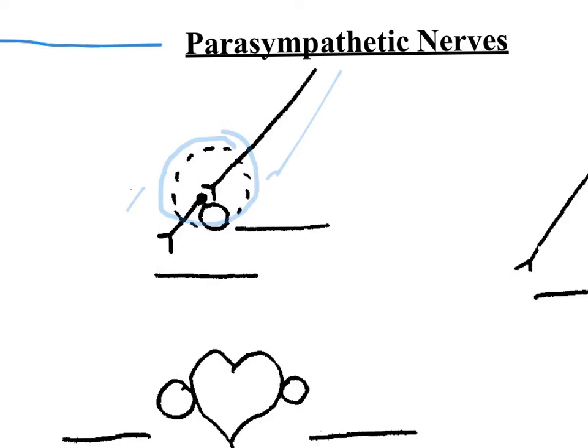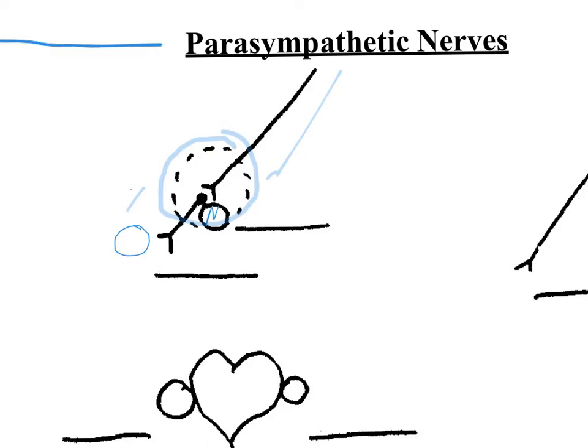In the circle, I'm going to put down the receptor, and on the line I'm going to put down the neurotransmitter. I'm going to put another circle right there too. In the ganglion we have nicotinic receptors, so you can download this and mark it up yourself.